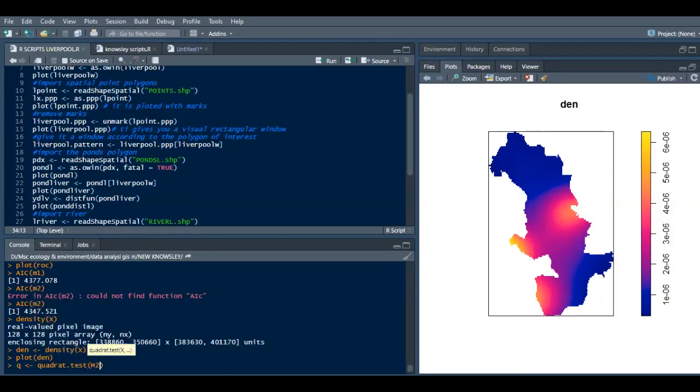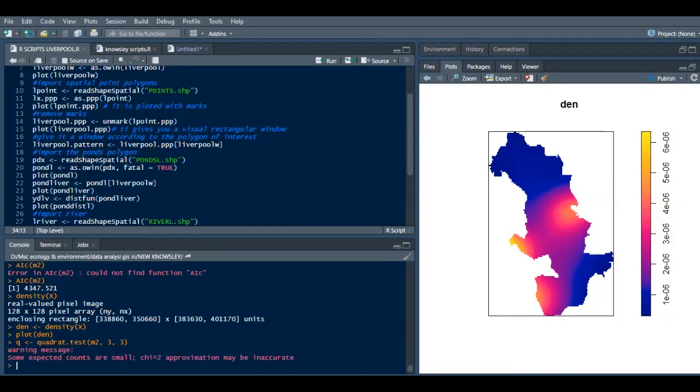We shall use our model 2, and the number of tessellations vary by 3. I'm going to show you that later. The counts are so small, but for the purpose of this video, I think it will work for us.